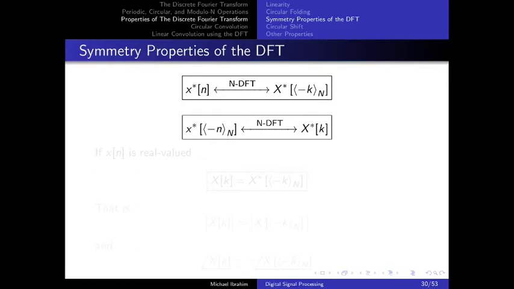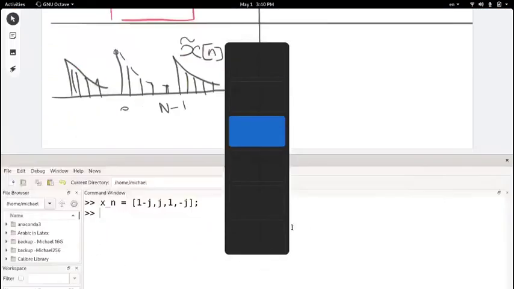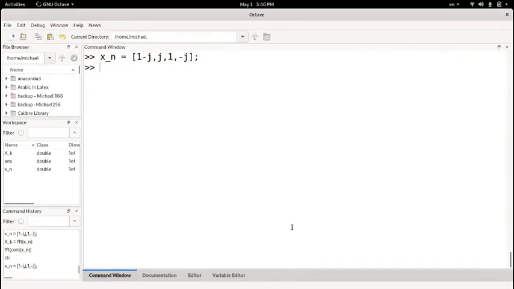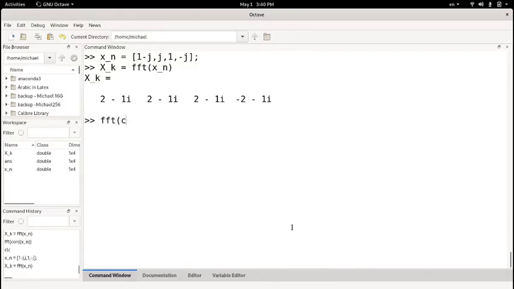In order to better understand this, let's move to MATLAB again. Here we have a sequence x of n that's equal to 1 minus j, j, 1, and minus j. If we compute the FFT of this sequence, we will get this DFT. The property simply says that if we compute the DFT of the conjugate of x of n, you will get circular folding and conjugation in the frequency domain.